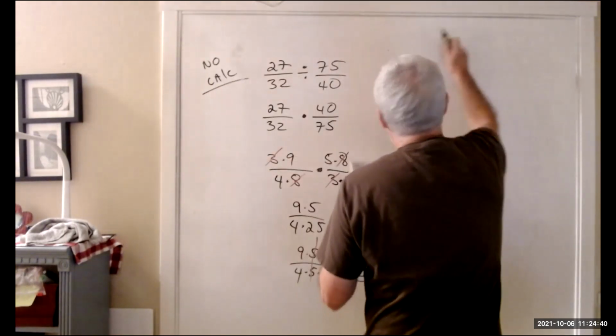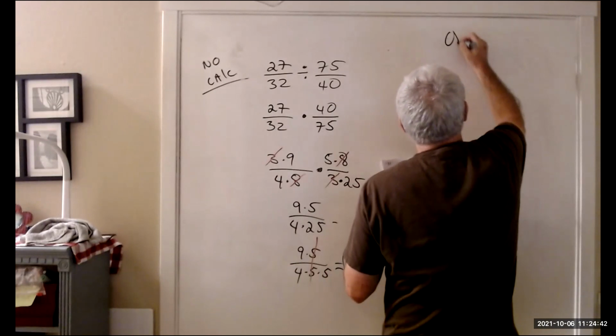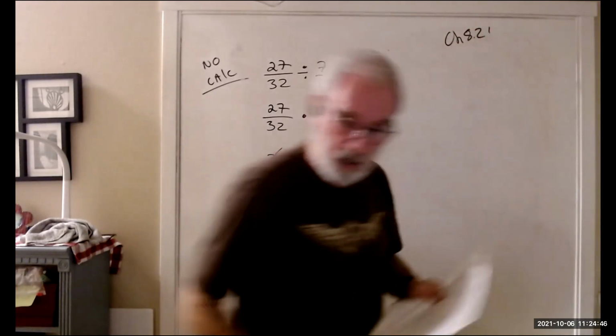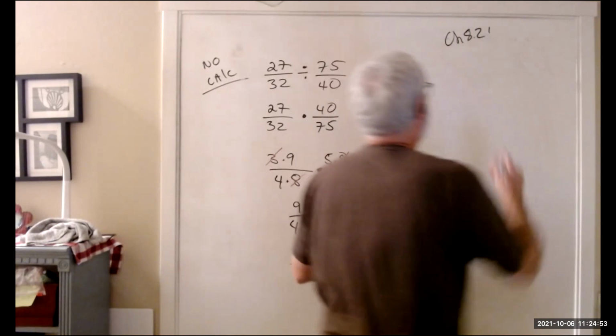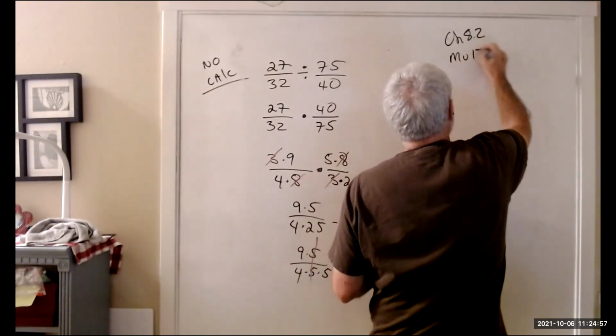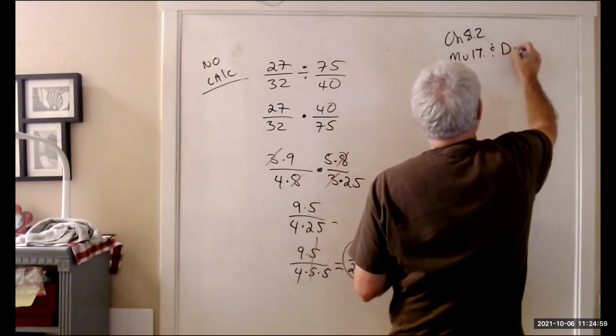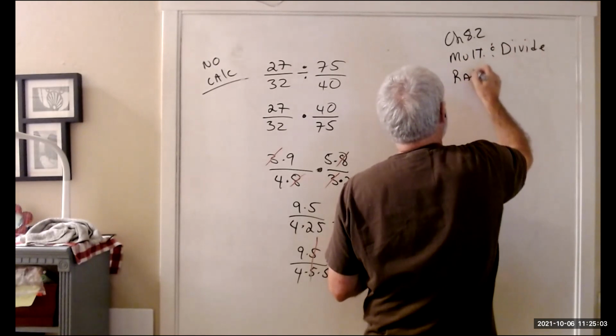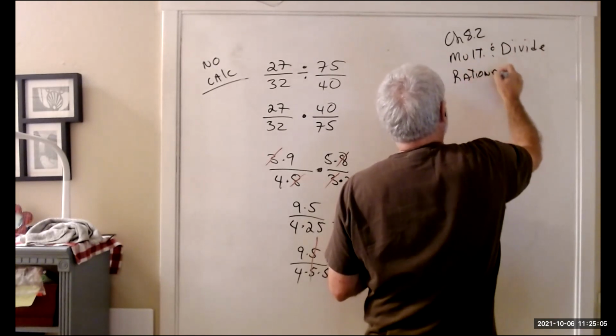In terms of steps, we're in chapter 8.2. Let me double check. Yeah, 8.2. We are going to multiply and divide rational expressions.